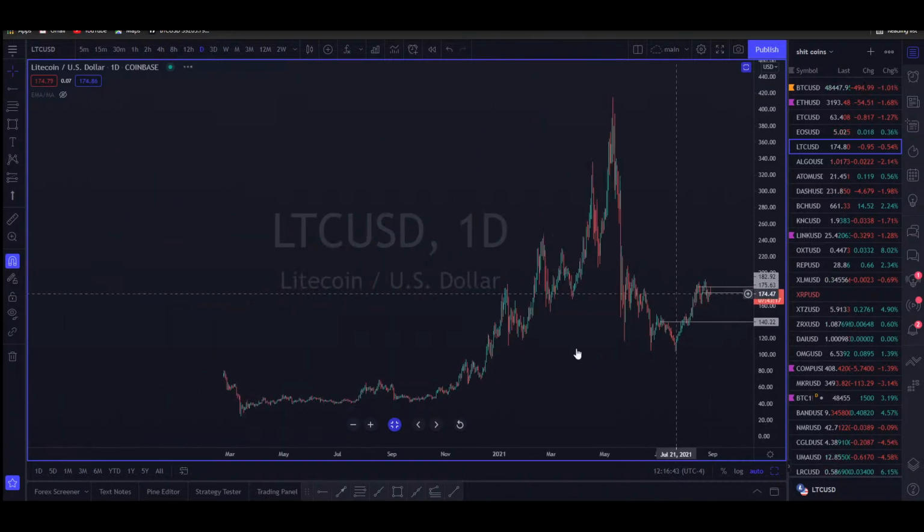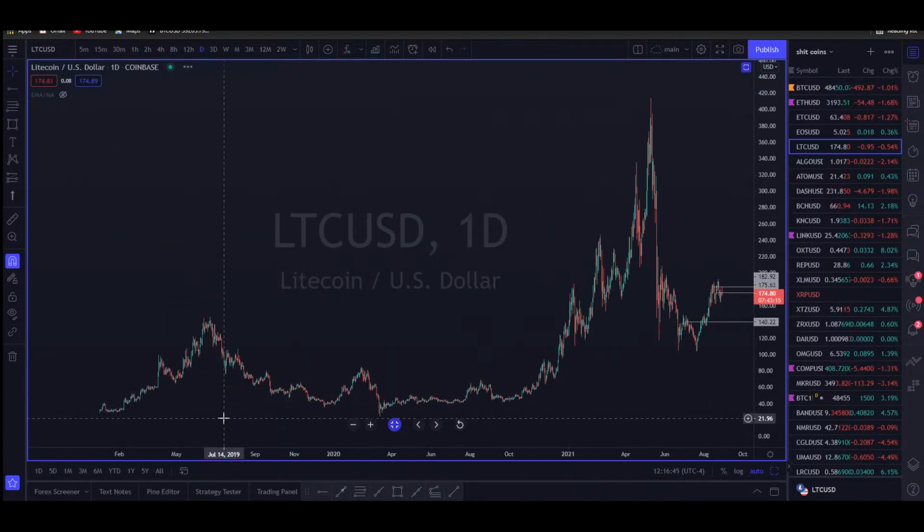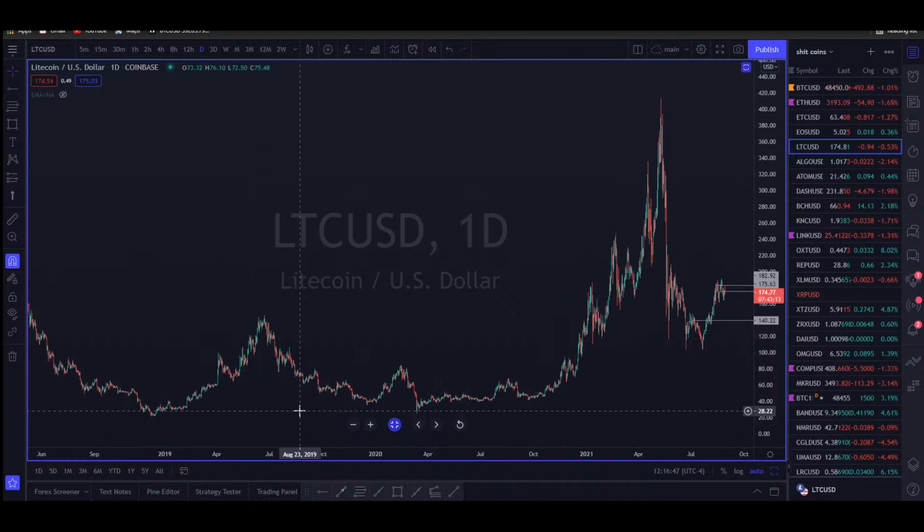$174. Where is the low of the last market phase? Down here. So if it's going to stay bullish, then it should never see $21 again. That's what a lot of people think on Bitcoin. They think Bitcoin's never going to see 20K again, because Bitcoin in its past has continually made new floors. So you make a new all-time high, then during the bear market phase you make a new floor, but it's not even close to the old all-time high.